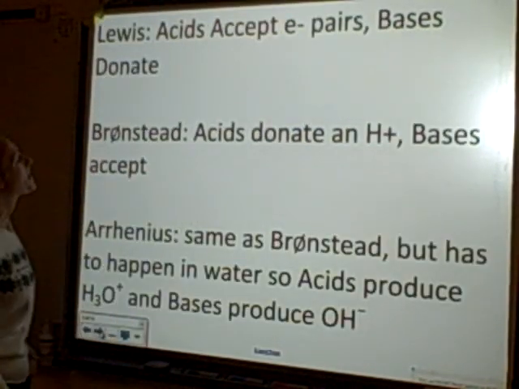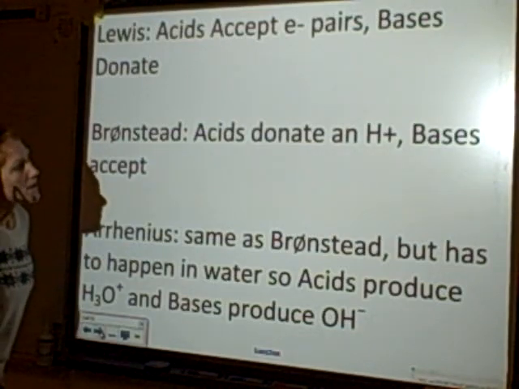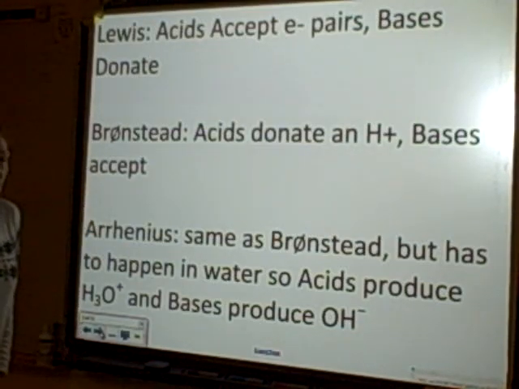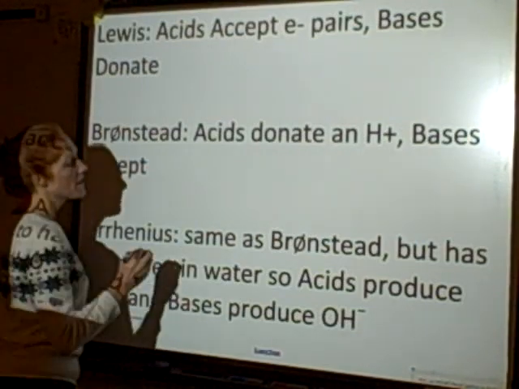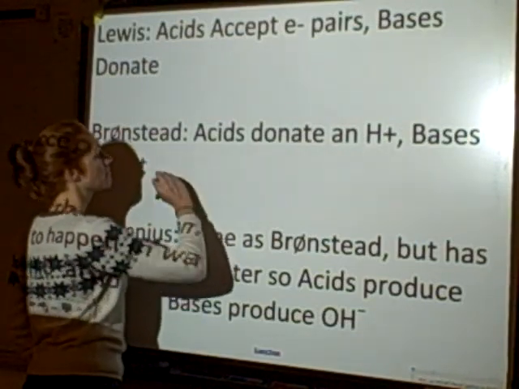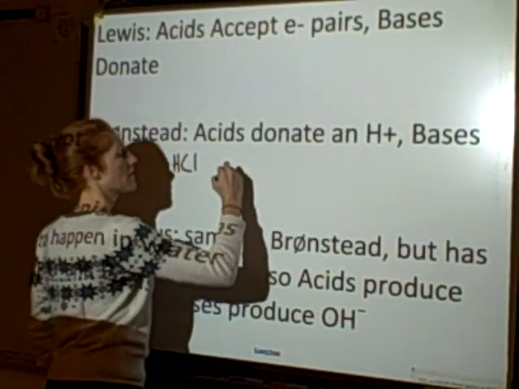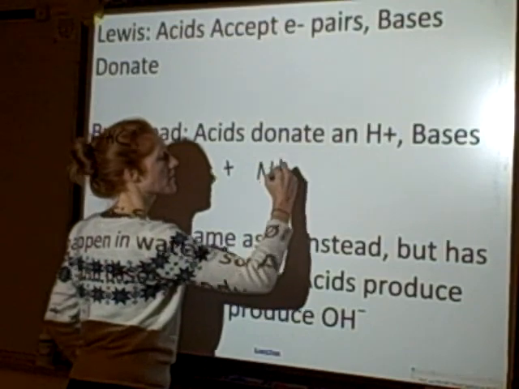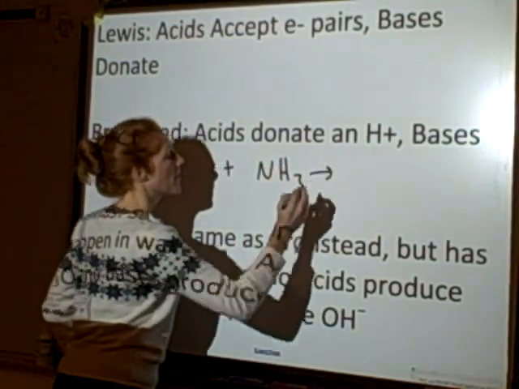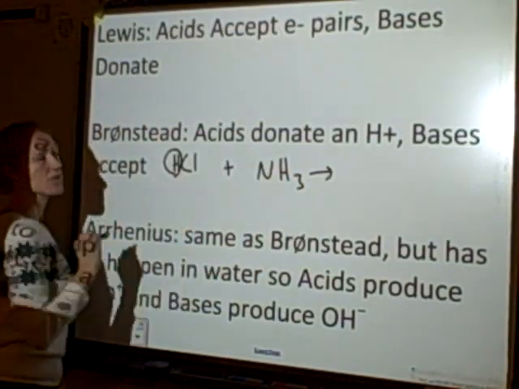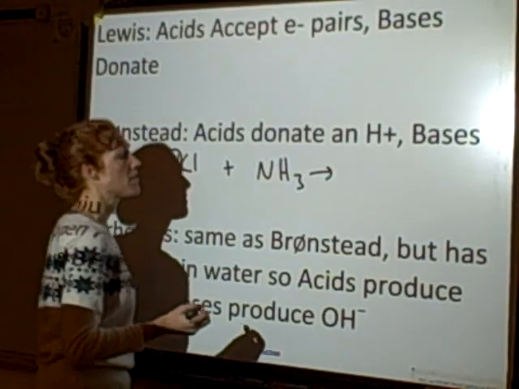Same thing for Bronsted acids: the Bronsted acid donates an H+, and the Bronsted base accepts one. Let's say we have hydrochloric acid and ammonia. When they react, this H is donated by the hydrochloric acid to the ammonia.